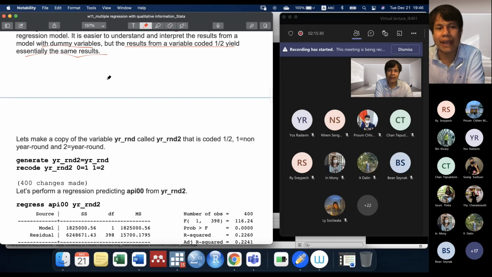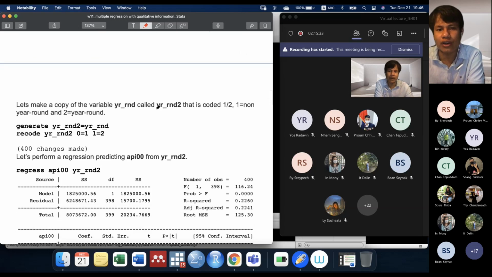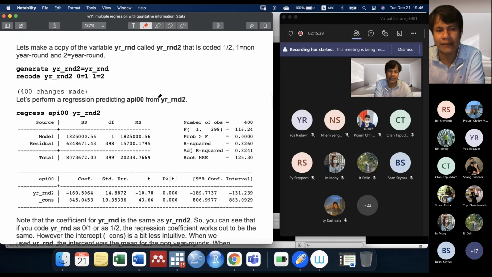All right. So now let's make a copy of the variable year round called year round 2 that is coded as 1, 2 instead of 1, 0. How do we code this? With the generate command: generate year round 2 equals year round, and then you recode year round 2 so that 0 becomes 1 and 1 becomes 2.